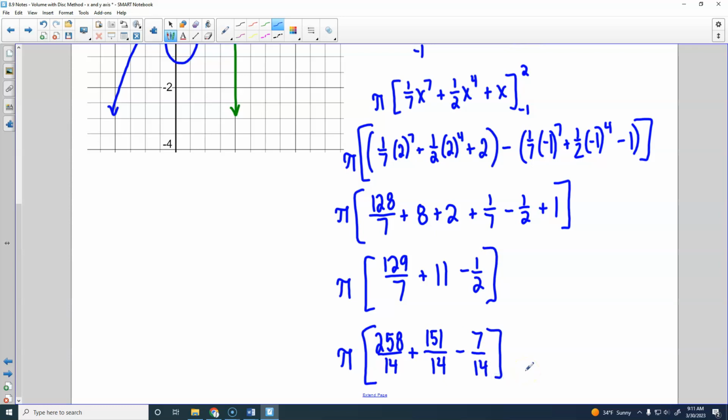Oh, I'm cheating. I got 395 over 14, so 395 pi over 14.